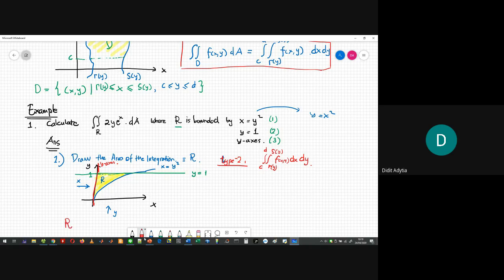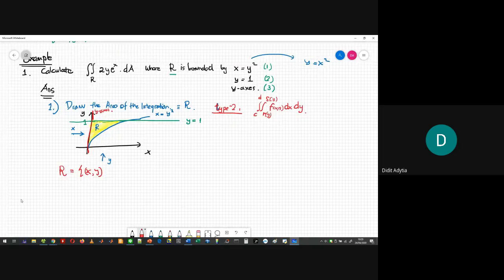Kita kalau nuliskan R di sini. R is a X and Y with conditions. With conditions, apa nih? X-nya dari mana? Ingat, kita harus menuliskan dia sebagai fungsi dari Y. Harus fungsi dari Y.